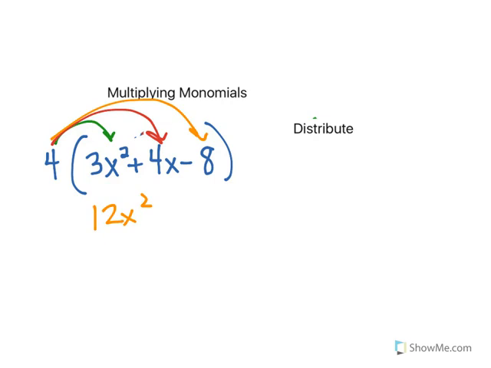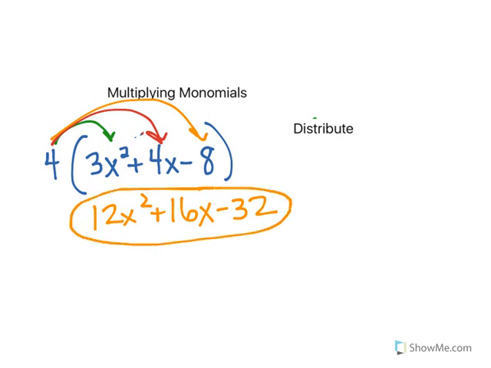And then 4 times 4x, you'll have 16x. And then 4 times -8 is going to give you -32. And this is in standard form because it's the higher degree first: 2, 1, and then 0.